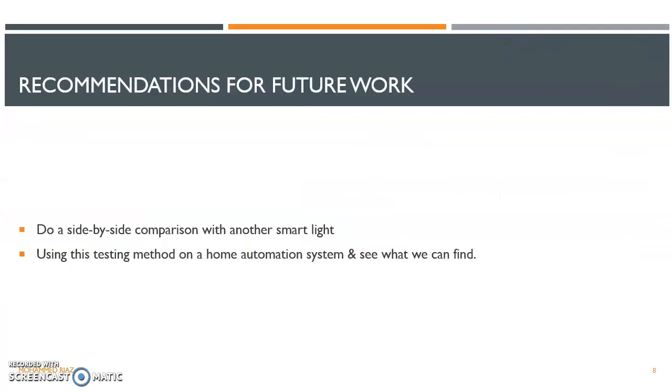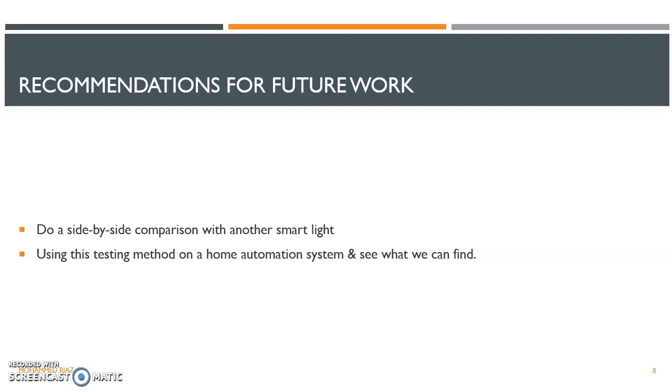Then, any recommendations I would have for future work. The first recommendation I would make is to do a side-by-side comparison with another smart light. The smart light I have in mind for future work would be a Philips smart light bulb, and then see whether I get the same results using the same testing method.